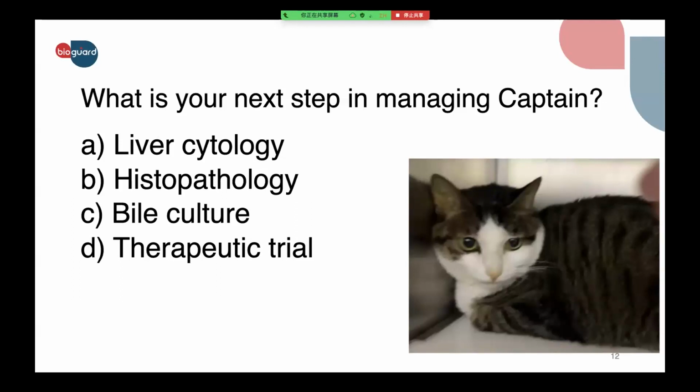Will you plan to do a liver cytology or histopathology to confirm if it's truly the disease, or do a culture to see if there is any inflammation, because we do see the white blood cells getting higher, or will we do a therapeutic trial at this time? What I'm going to say is, for me, treat first, because for this kind of disease and this kind of patient, treatment is the more important thing.